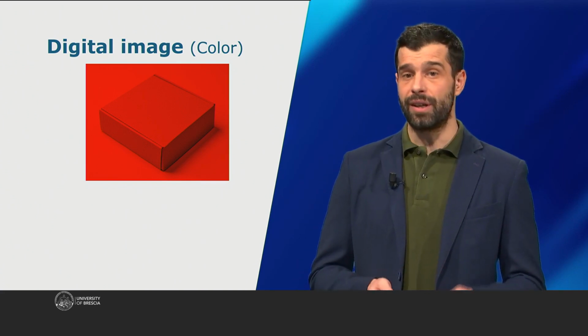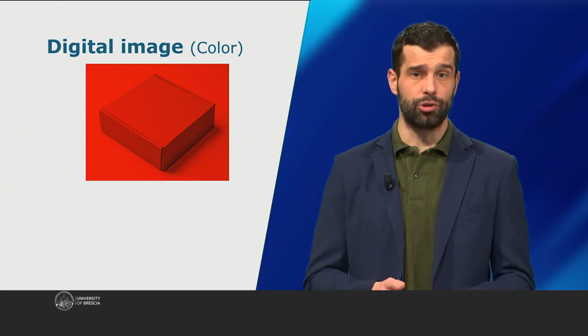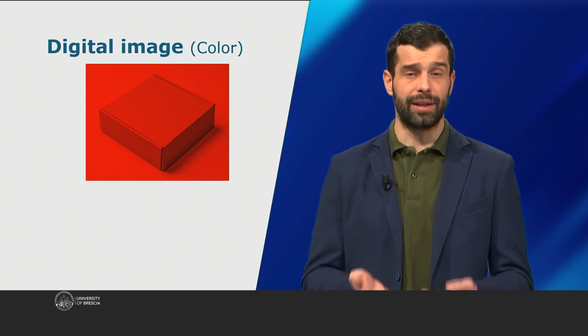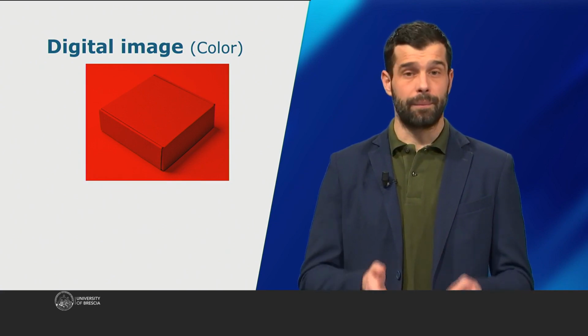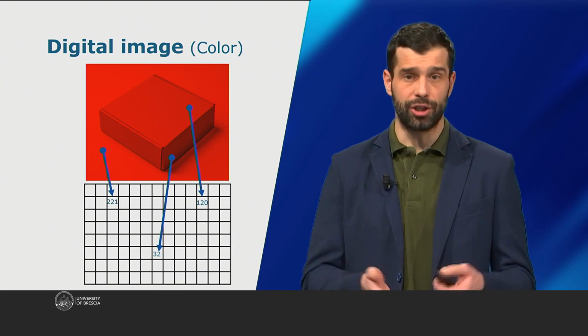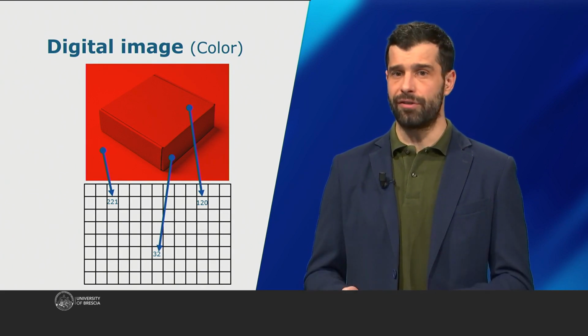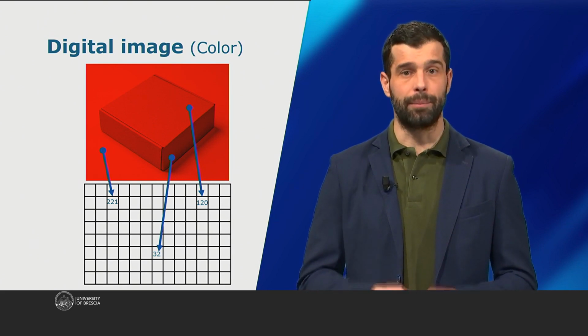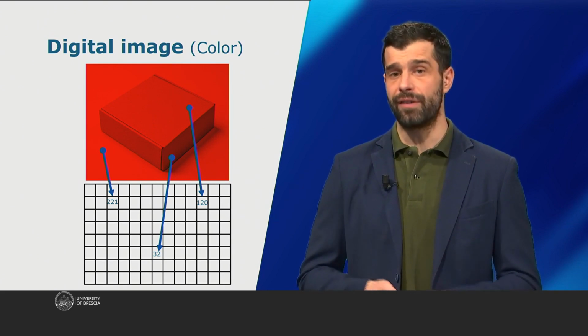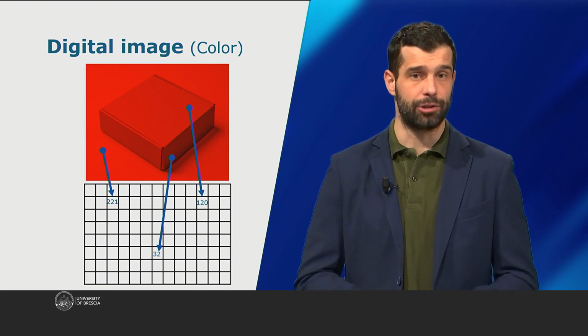Each cell of the matrix will contain a number that is proportional to the intensity of the light that struck that specific pixel. This number, in the simplest conversion, as in grayscale images, can range from 0 to 255, where 0 means minimum brightness and 255 means maximum brightness.